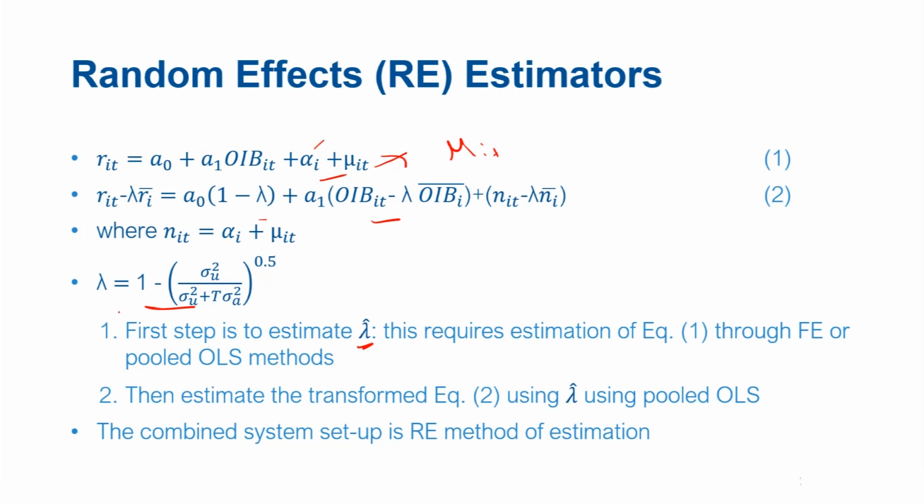Once you have these terms, you can estimate lambda. Once you estimate lambda, only then are you able to estimate the system of equation 2, and that is the whole model. So this combined estimation is the random effect method of estimation, and because of this transformation where you first estimate lambda and then in the second step you estimate the original model, this is often referred to as the feasible generalized least squares method.